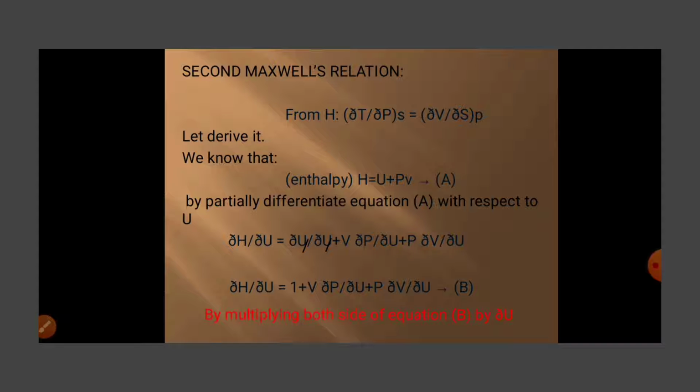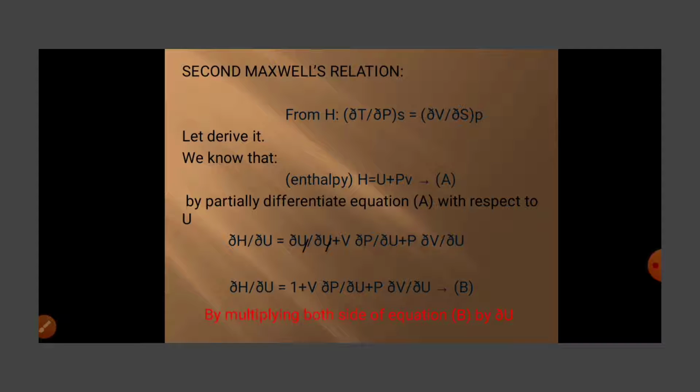For the derivation, we know the mathematical form of enthalpy: H equals U plus PV. We can write it as equation A. Here we partially differentiate both sides with respect to U, because in equation A, U is the independent variable.